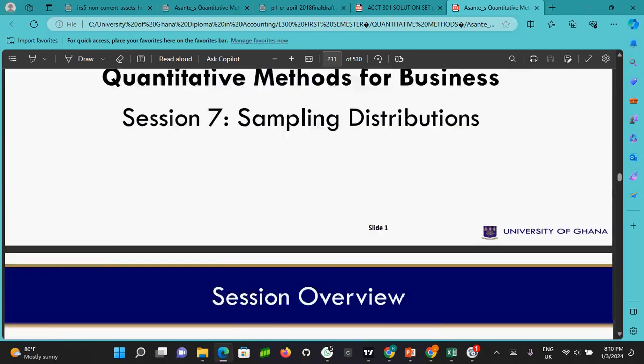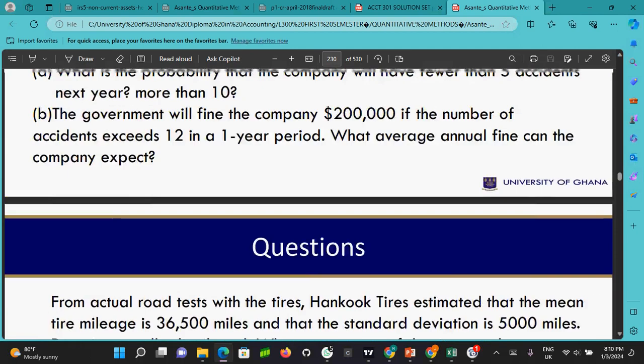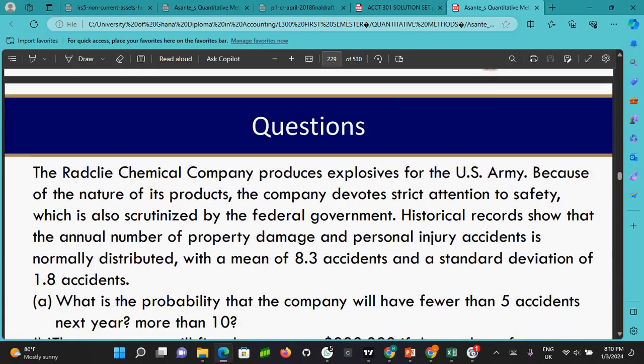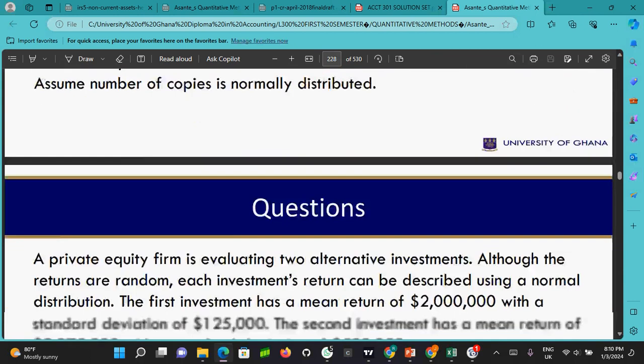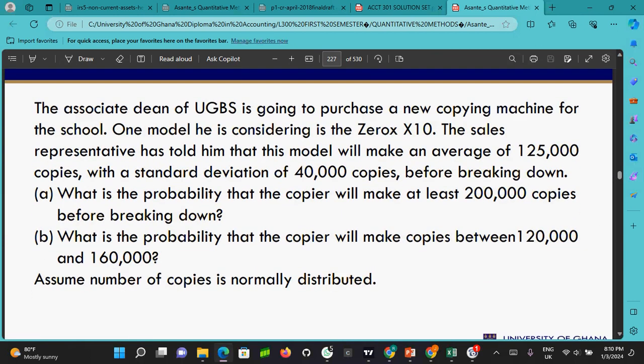Looking at it will look very easy, but once the question drops, forget it. It's not easy. So kindly pay very keen attention to whatever we do today, because this is how I came to understand it, and this is how I'm coming to teach you. I'm hoping that you also understand it. So let's quickly go through this question.